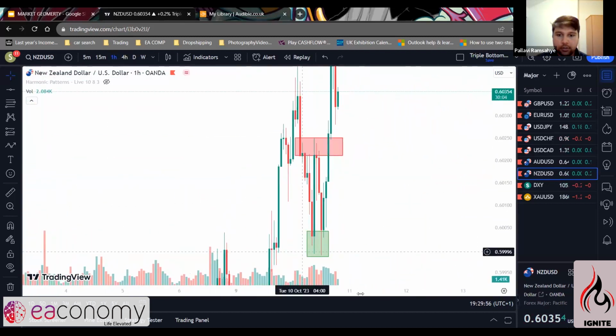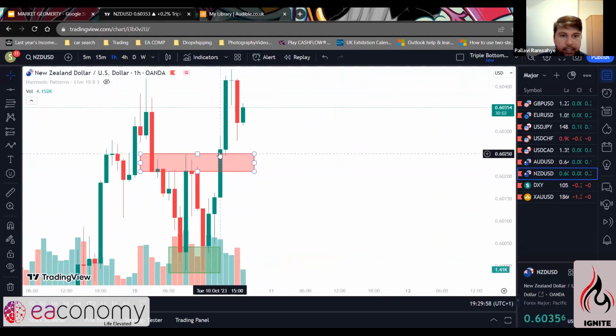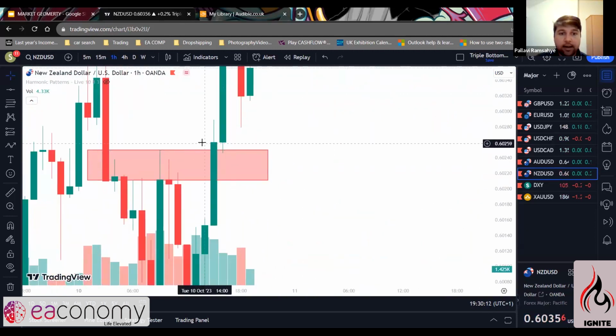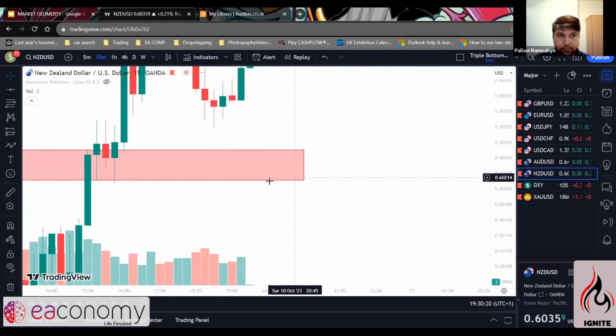So let's say price did break out and close at this point, and we placed a buy limit. We've seen the close of this candle, and we placed a buy limit at this point. We would be entered into the trade because it did retest on the hour anyway.